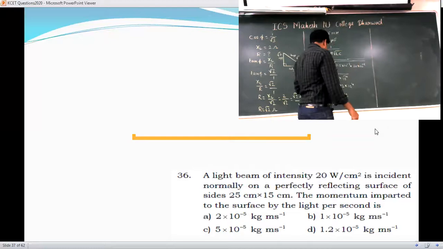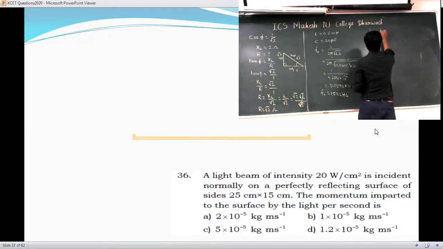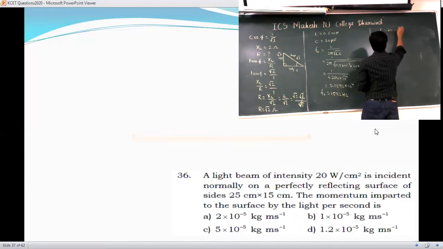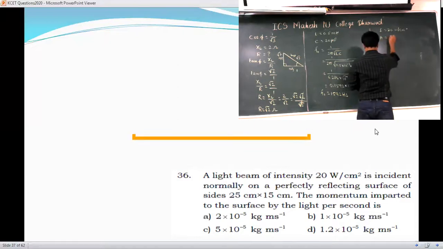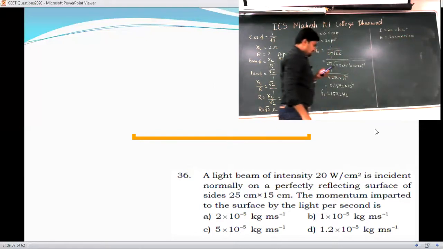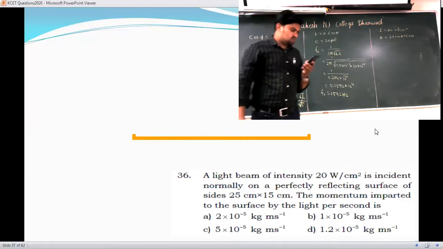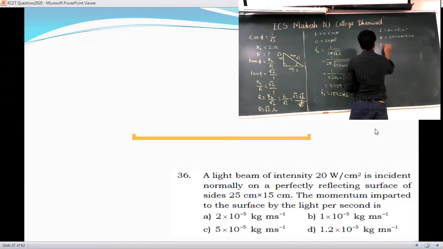Here they have given the intensity I as 20 watt per centimeter square, and the sides, the area, is 25 centimeter into 15 centimeter. The momentum imparted to the surface by the light per second. So you have to calculate the momentum.